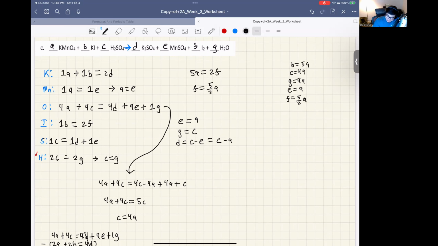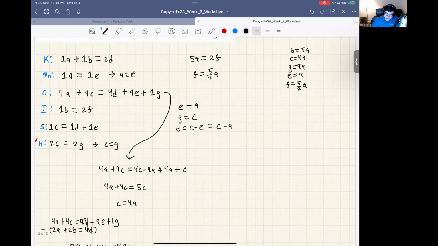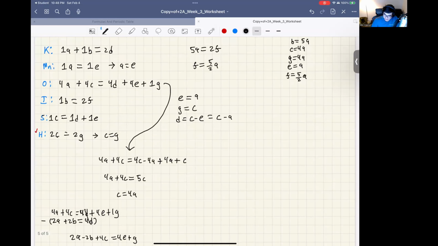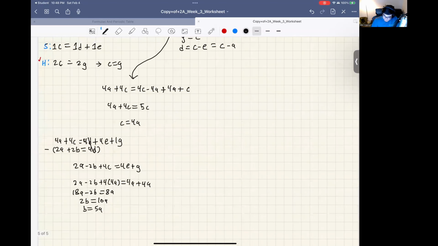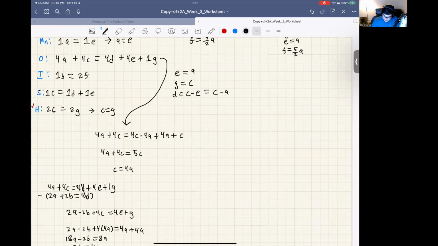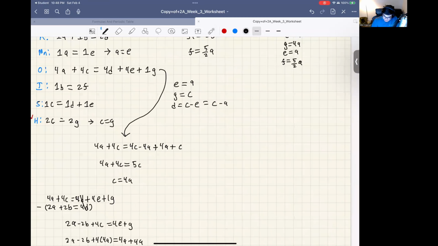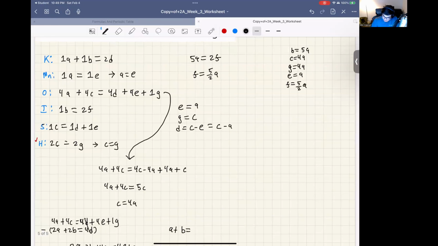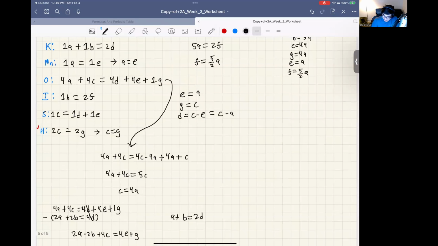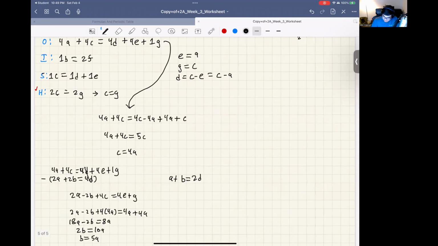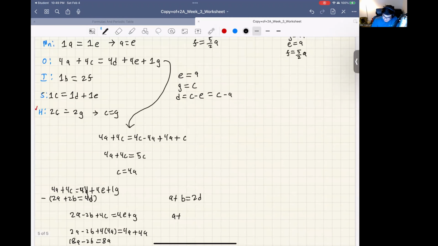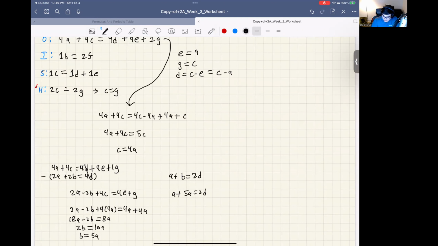So what we can do is plug it back in here to this first one, 1A plus 1B is equal to 2D, or just A plus B equals 2D. And I know that B is 5A. So A plus 5A is equal to 2D.